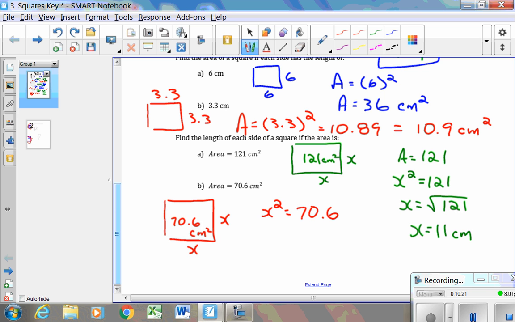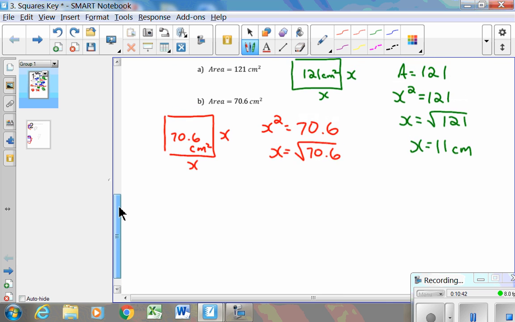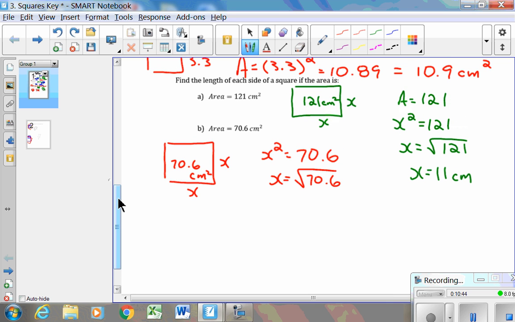I know my area is 70.6, which means if I'm going to find the length of the side, I'm going to go square root of 70.6. And when I get this answer, square root of 70.6, I get a whole bunch of decimals.